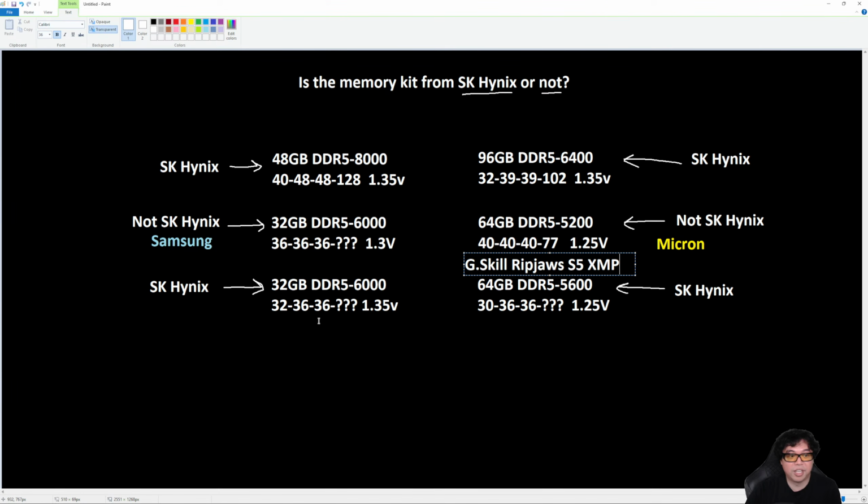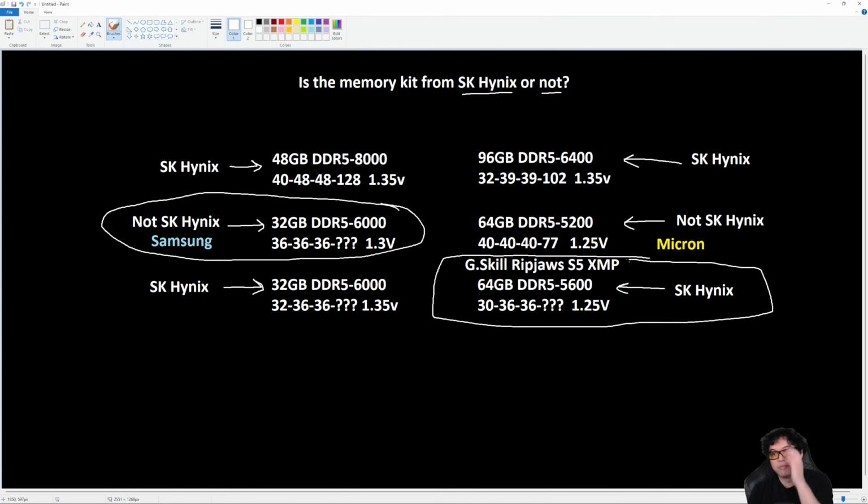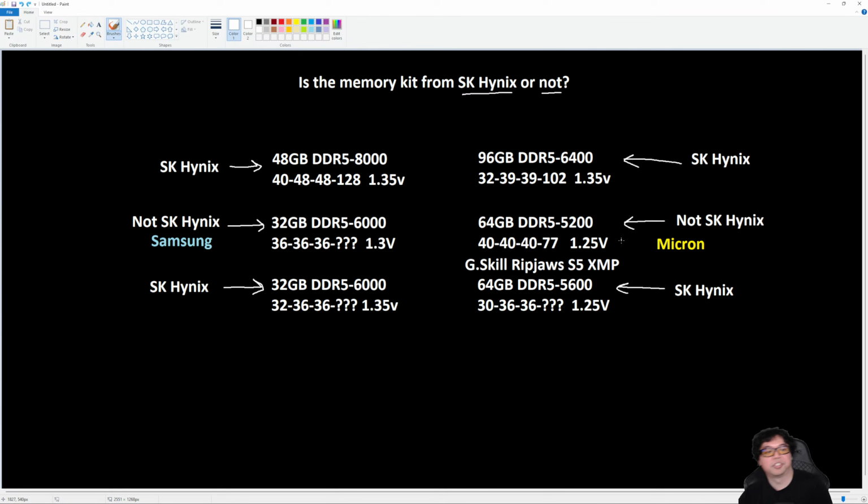Now I did also get the free memory. They gave this to me. I didn't use it, I just thought, okay, now I have some extra debug RAM. But no, I ended up using this, and that was my very first DDR5 memory kit. That's SK Hynix. So what is the pattern here?